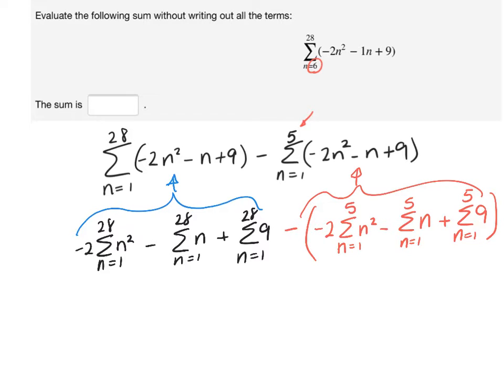Okay. And if I want to, I can pull the negative through. So I'm going to go ahead and just pull the negative 2 through. So I have negative 2, the summation of n equals 1 to 28 of n squared. The only reason I do this is so I don't forget it later.